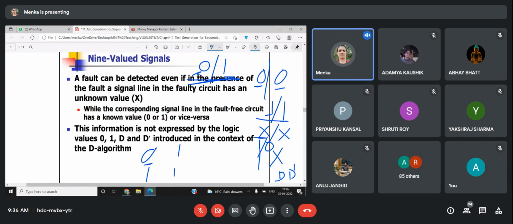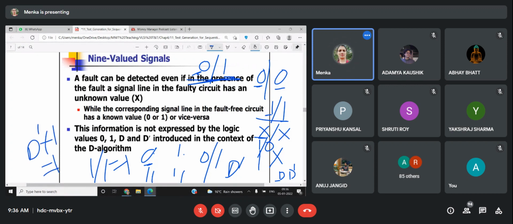You will have this 0 and this 1. So 0/1, which is nothing but D dash. This is how you perform the AND operation. Likewise, if you want to do the OR operation, 0 OR 1 is 1, and this OR this is 1. So you will have 1/1, which is nothing but 1. So D dash plus 1 is 1 only. This is how we calculated the 5 value algorithm or the D algorithm. Yes or no?